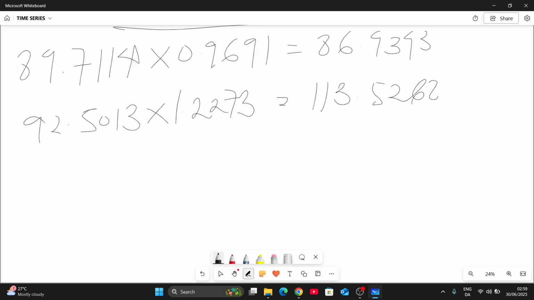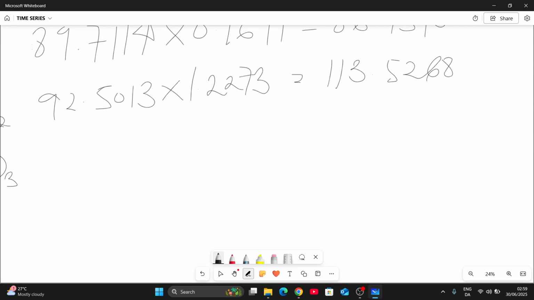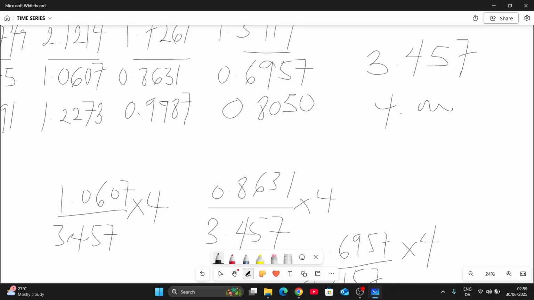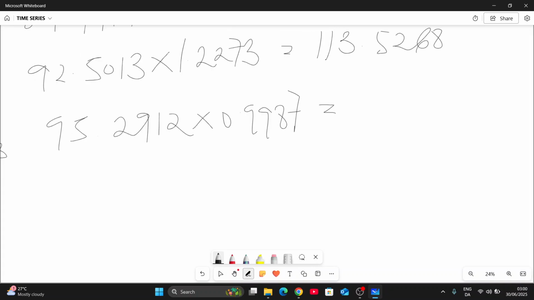Then for quarter three, a deseasonalized value of 95.2912. We also multiply by the ASI for quarter three, which was 0.9987, which is equal to 95.1673.